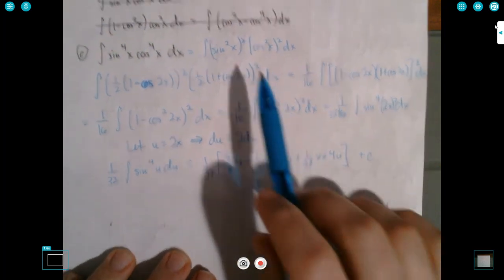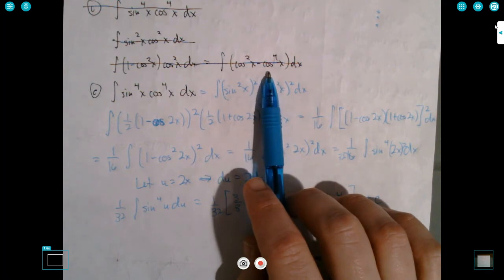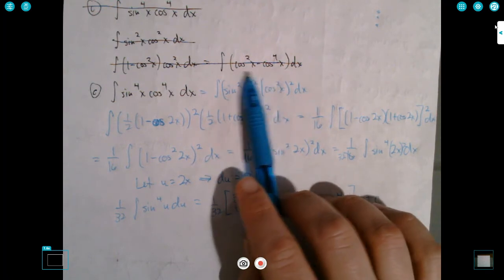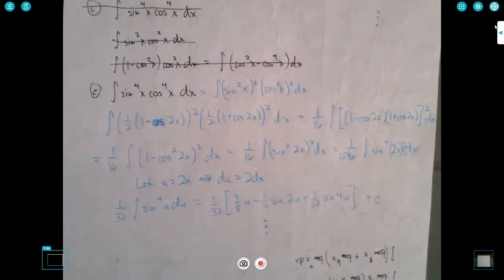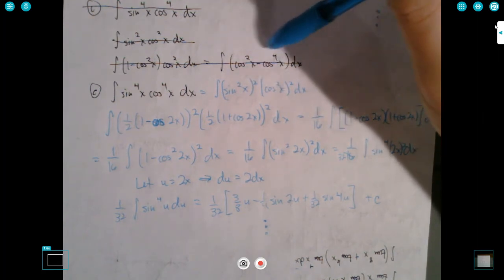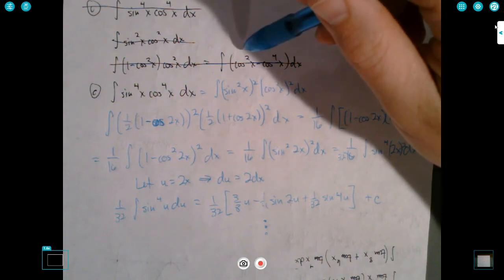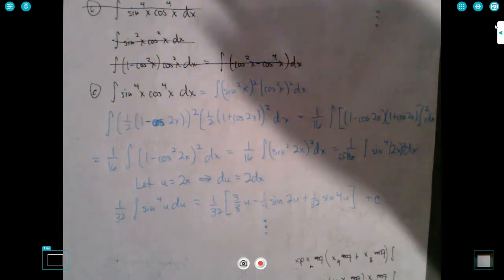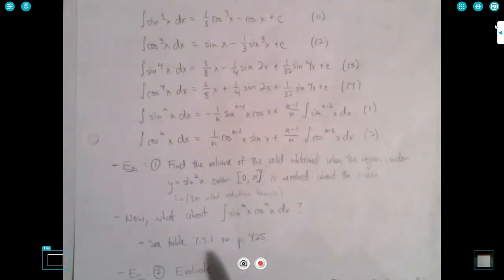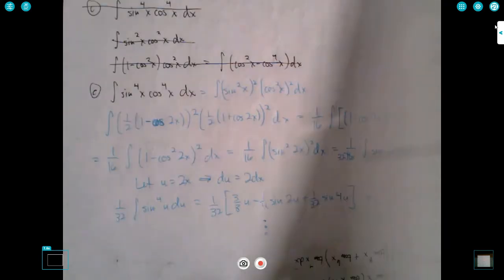You know, now that I'm thinking about it, what would have been wrong with this? Because you can split that integral, and we have formulas for cosine squared and cosine to the 4th, the same way that we did for this one.